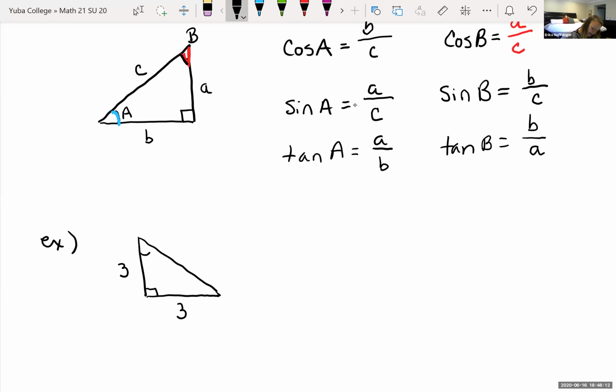And we're given this upper angle at the top of the triangle is theta. The lower left angle is the right angle, the lower bottom angle just doesn't have a name. And we want to find sine theta, cosine theta, and tangent theta.